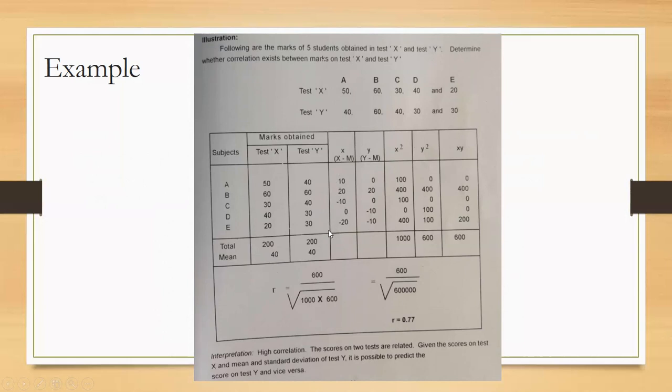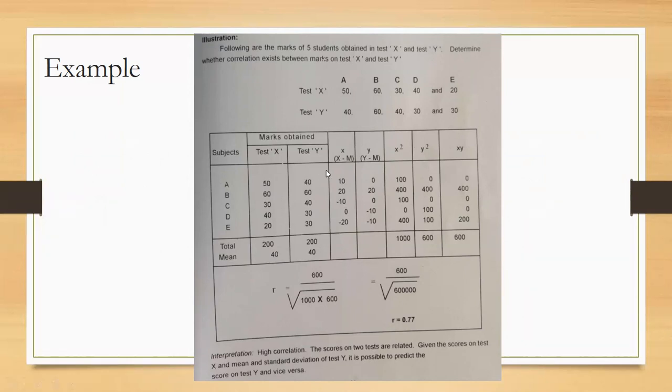Then you're going to calculate x minus m and y minus m. X means the data that you see here. For English, the first data is 50, the second data is 60, and so on. The mean obtained was 40, correct?